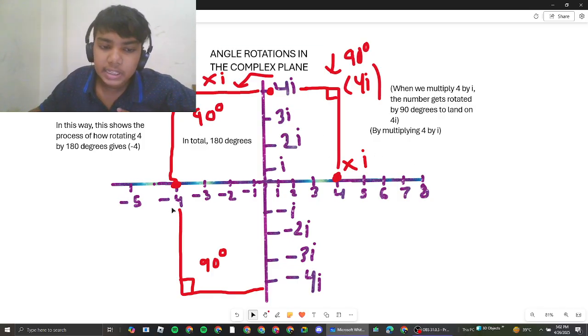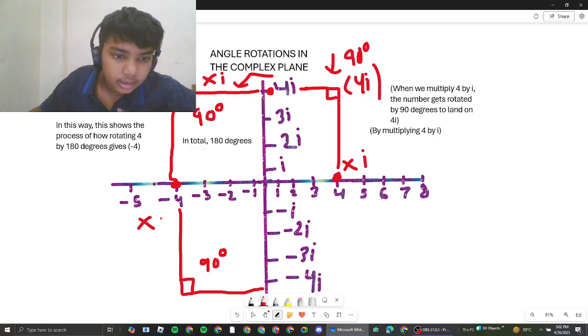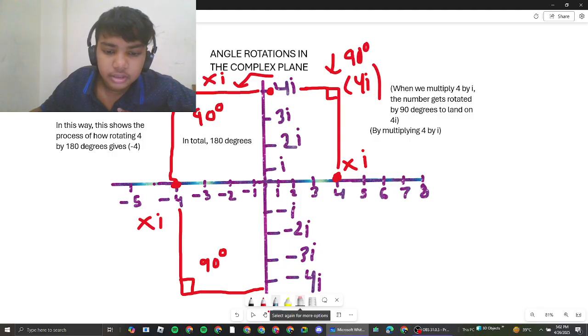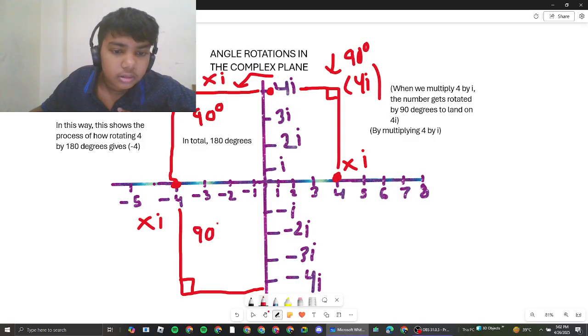Now at -4, if you multiply this by i again, we'll land at -4i, which is another 90 degrees. And in total another 90 degrees.